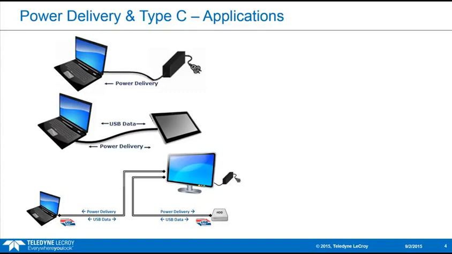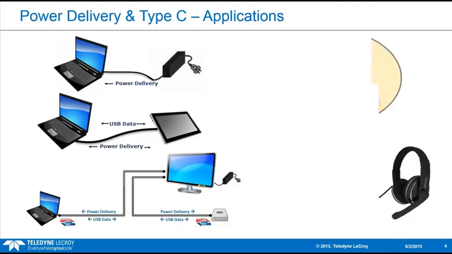So the applications are the same, only now it's over a Type-C cable. Obviously, they're targeting very thin platforms with Type-C, your notebooks, your tablets, your smartphones. And we continue to hear that reducing e-waste is one of the driving forces with PD. The mobile market in particular wants a universal charging cable.